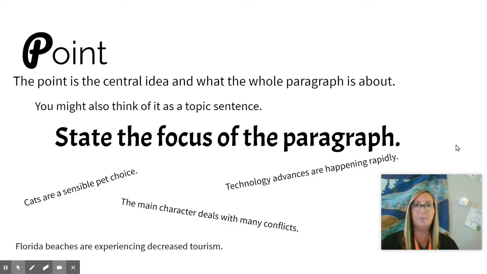We can expect to read about those advances happening quickly. Florida beaches are experiencing decreased tourism. Again, what is the paragraph going to be about? Well, I expect it's going to be about the tourism at beaches. These are statements, they're one sentence, and they simply state a clear point.